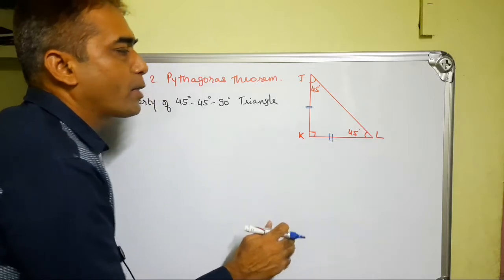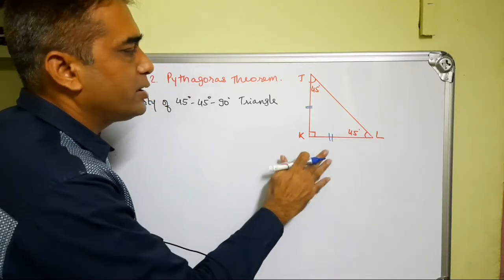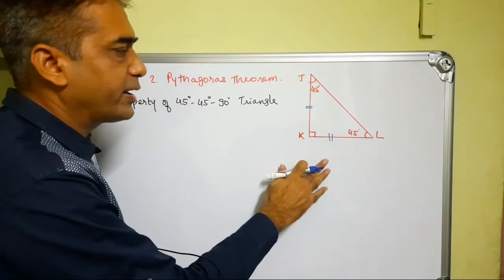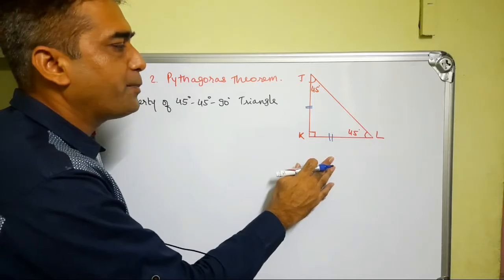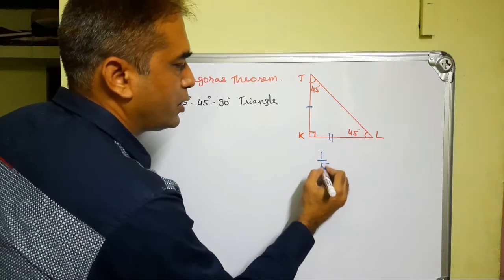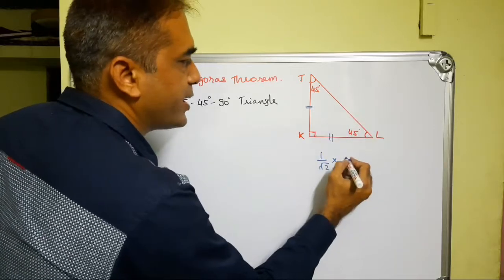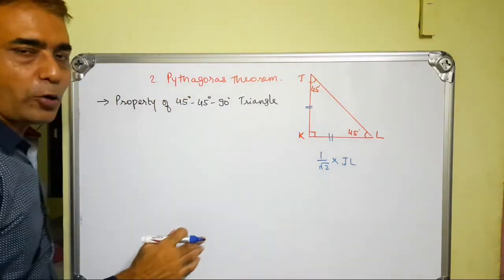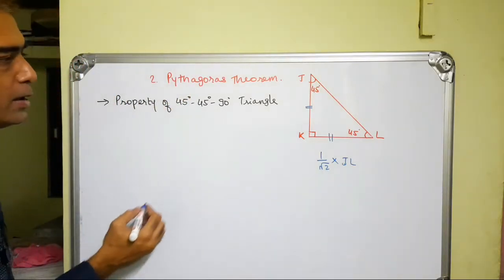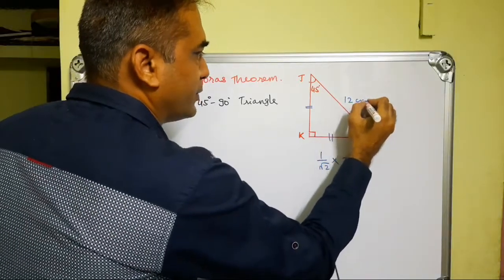So let's again come to the point. In this right angle triangle, each of the perpendicular sides will be 1 upon root 2 times the hypotenuse, that is side JL. This is the property. Now let's see an example. Suppose this side is of 12 centimeter.